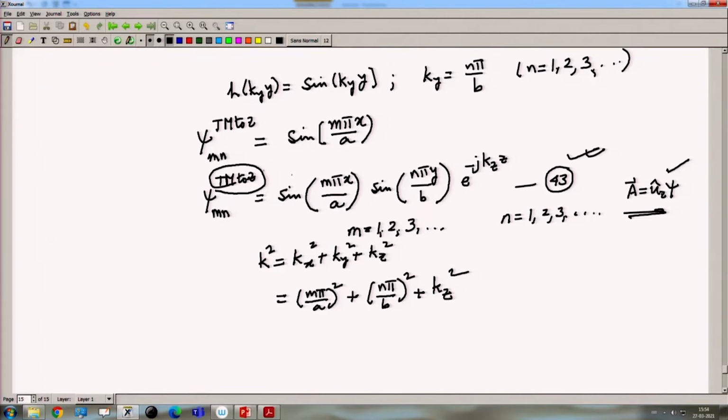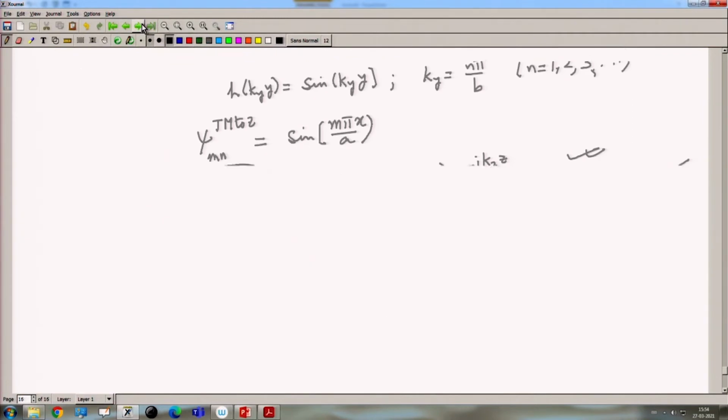For instance, if we need to find out the E y component, which is given by 1 by y cap del square psi del y del z for the TM to Z mode for the substitution A equal to u z psi, we need to just perform these two differentiations.